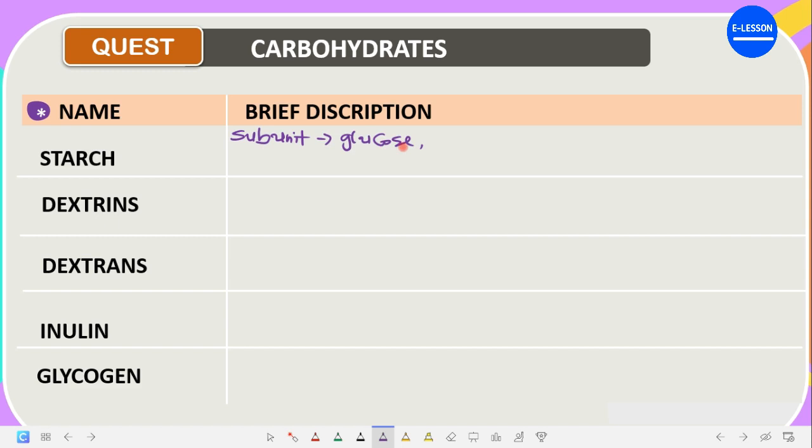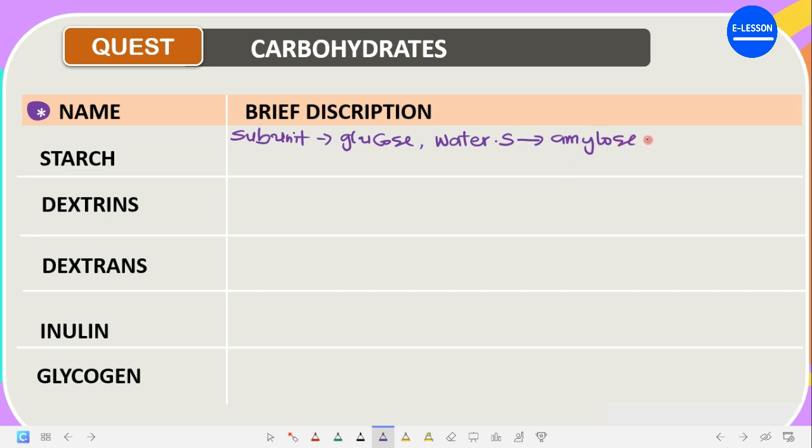Now the starch contains two parts. Are you getting it? One is water soluble, so we are going to use S to indicate water soluble. The part that is water soluble is called amylose. It's called what? Amylose.